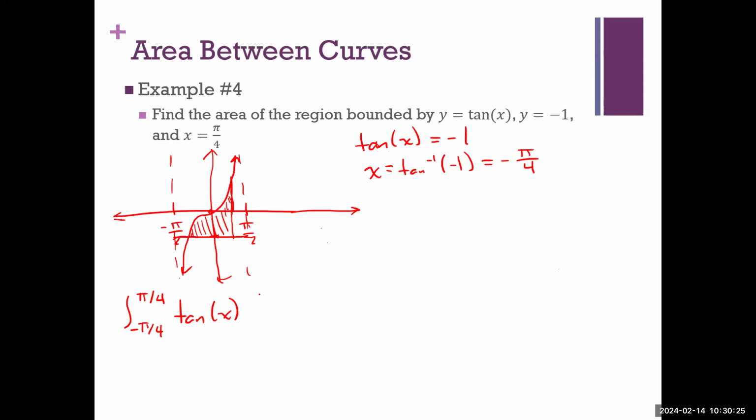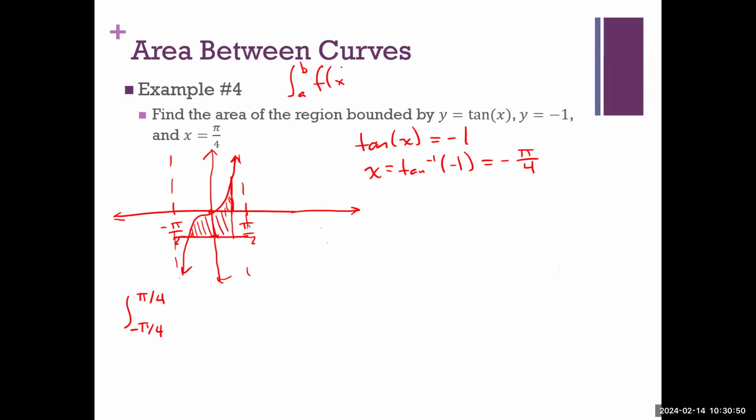Why would we have to do the bounds in y? Because technically you have a bottom function that is y equals negative 1, below tangent of x past negative 1. Okay, so that's a good point. So let me write down the form: tan of x minus negative 1.